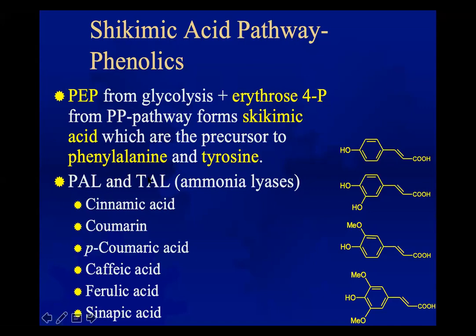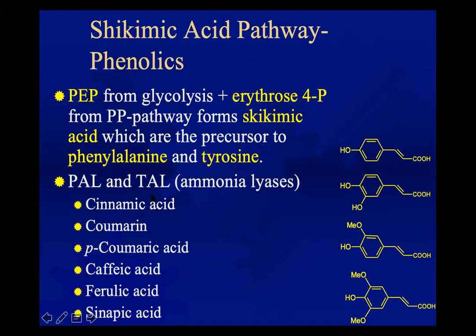Phenylalanine ammonia lyase and tyrosine ammonia lyase. These two lyase enzymes are involved in synthesis of cinnamic acids, coumarin, paracumaric acid, caffeic acid, ferulic acid, and sinapic acid. These acids are formed through the shikimic acid pathway.